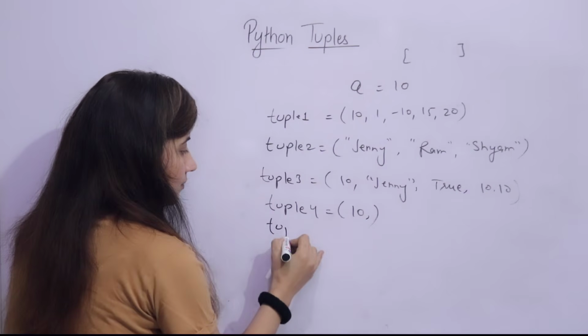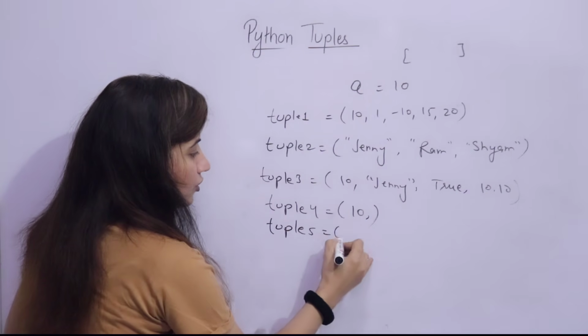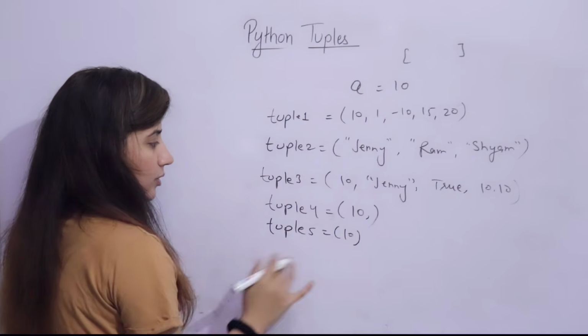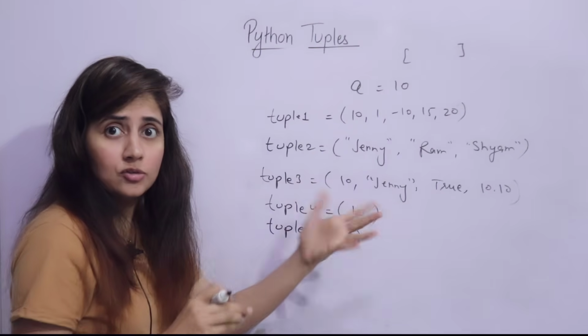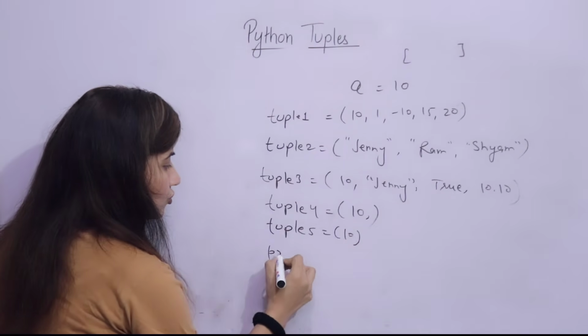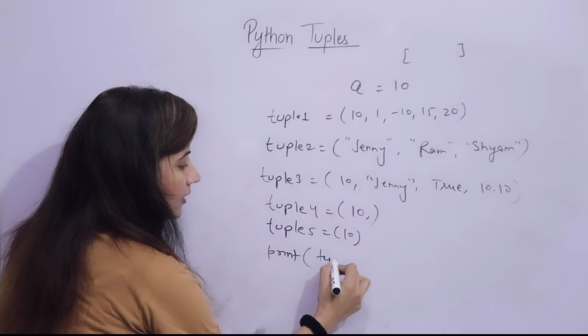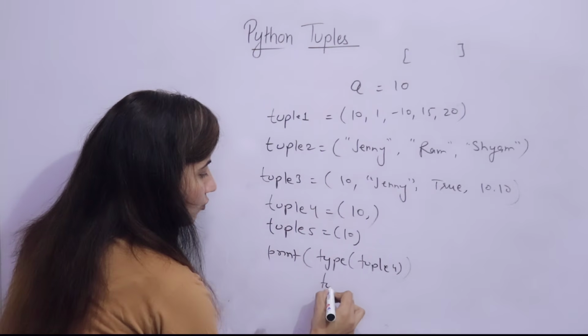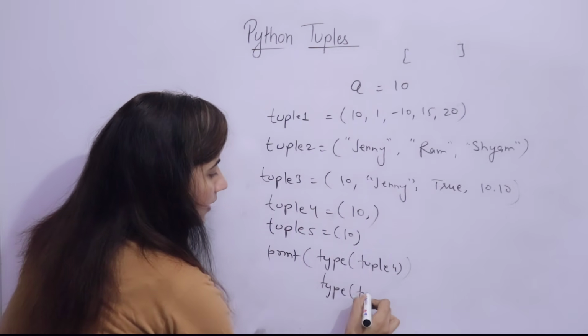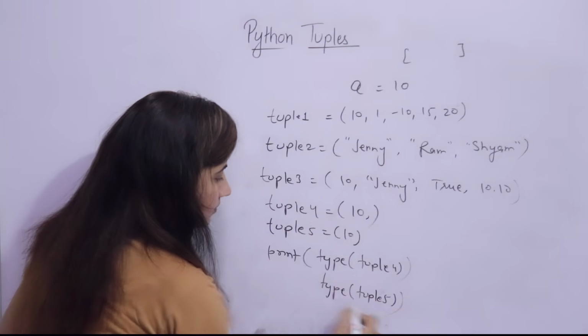If I write tuple5 is equal to 10, these are two tuples, and suppose you want to find out the type of any data, we simply use the type function. So I write type and tuple4, and type and tuple5.